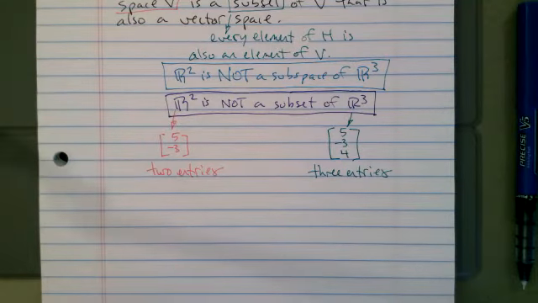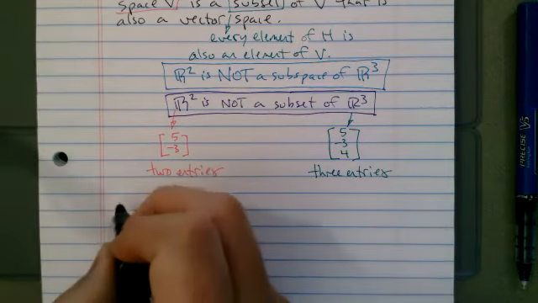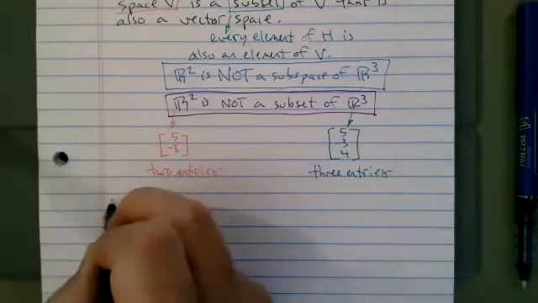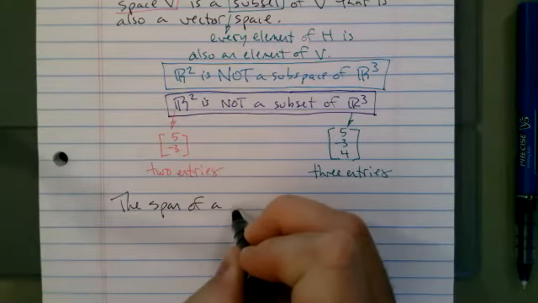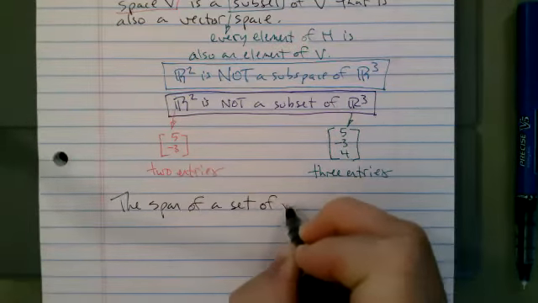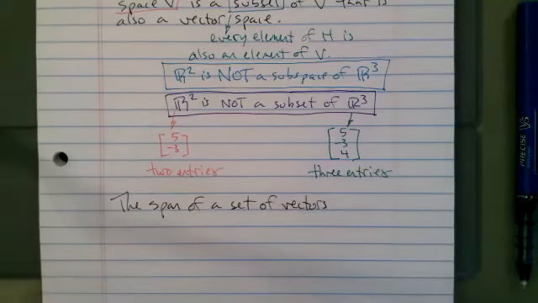A subspace is the span of a set of vectors. The span of a set of vectors, that is, the set of all linear combinations of those vectors, is a subspace.